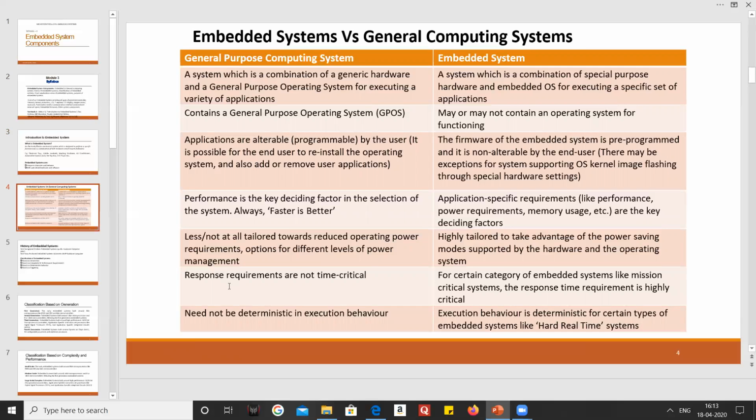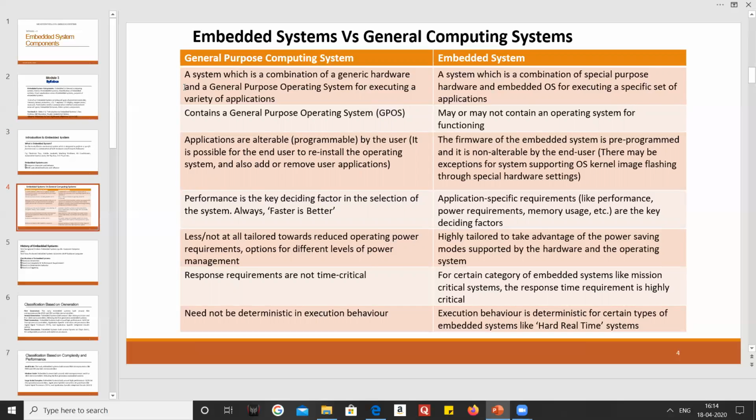So now here we are going to understand what is the difference between the embedded system and the general computing system. If you see the general purpose computing system, this we are already using. Then how is it different from the embedded system? Before starting with the first point, I want to tell you that a general purpose computing system is nothing but our desktop systems, our laptops, meant for performing general functions.